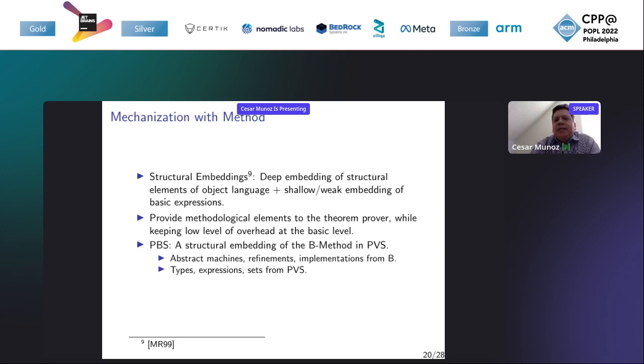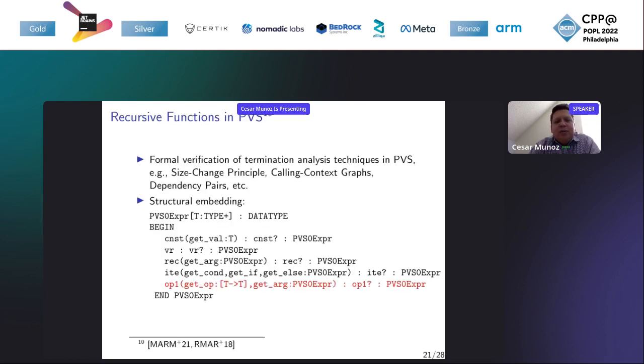So it was mixing the semantics of the structure of B with the semantics of the set theory in PBS. And so we implemented that. We haven't used it for several reasons, but I think that now we are getting to a point where we can use this kind of embedding.